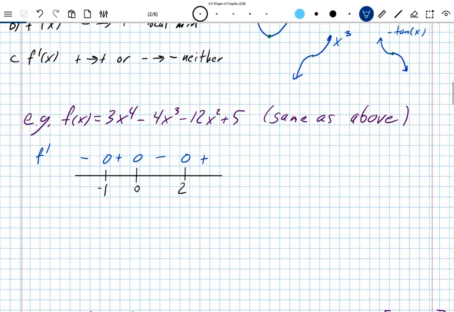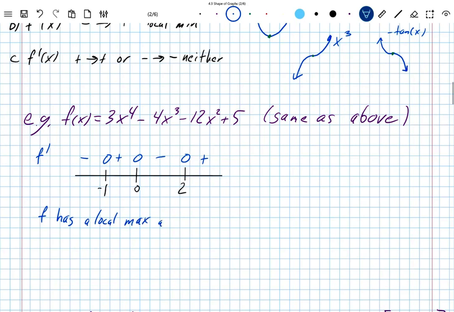All right, example time. Let's use the same example as above and take a look at what's happening in that graph. So it looks like I went from a minus to a plus, to a minus to a plus. And so right away, just in this little sign chart here, this tells me that f has a local max at, well, I went from a positive to a negative at 0.